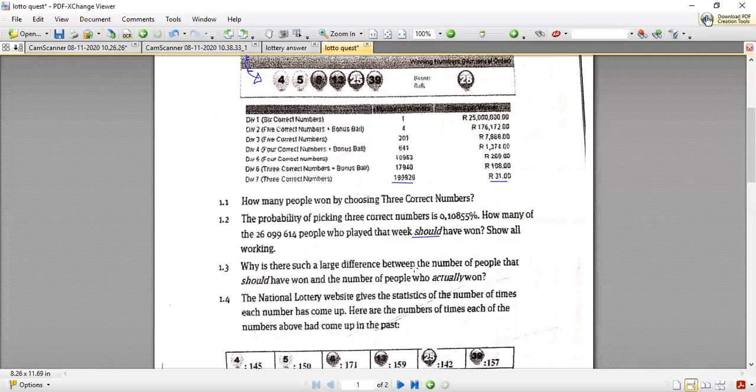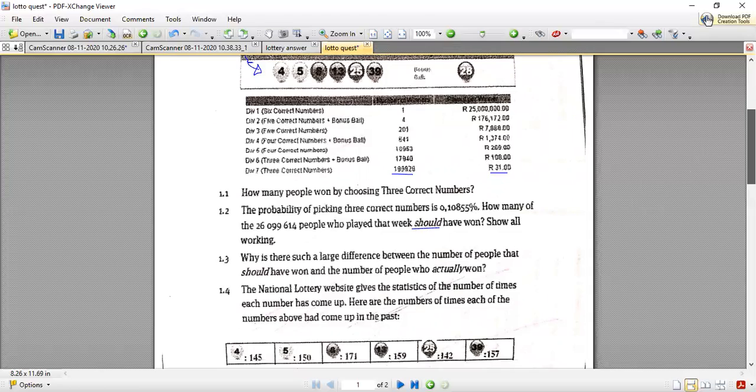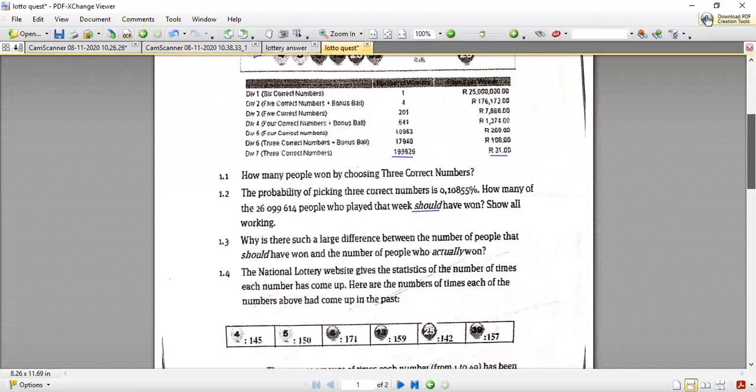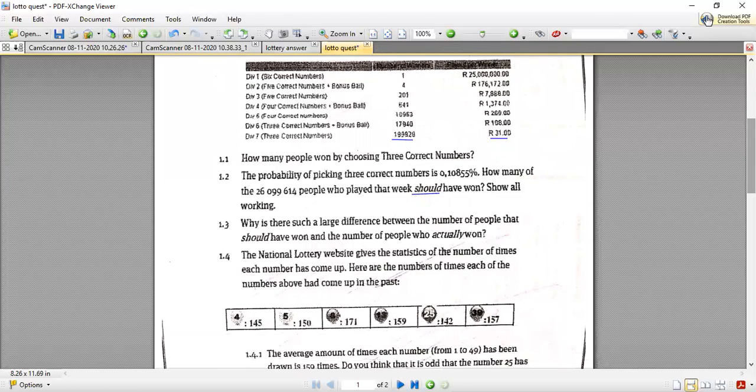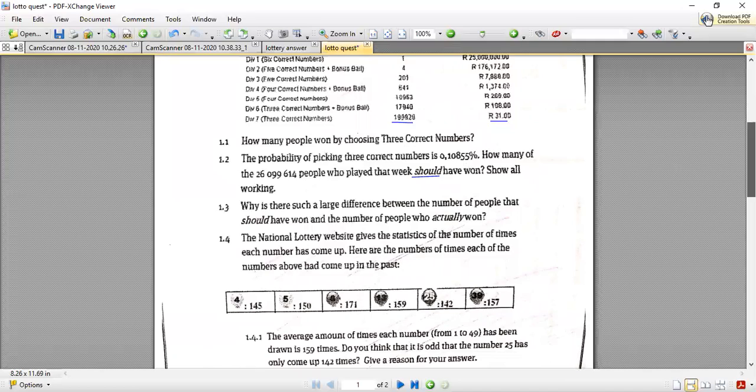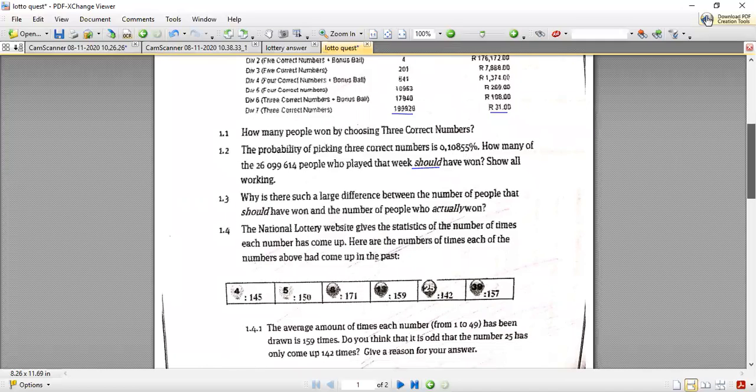We have a theoretical probability and an experimental probability. So theoretically, how many people should have won according to the probability percentage, of the 26 million people that played the lottery.